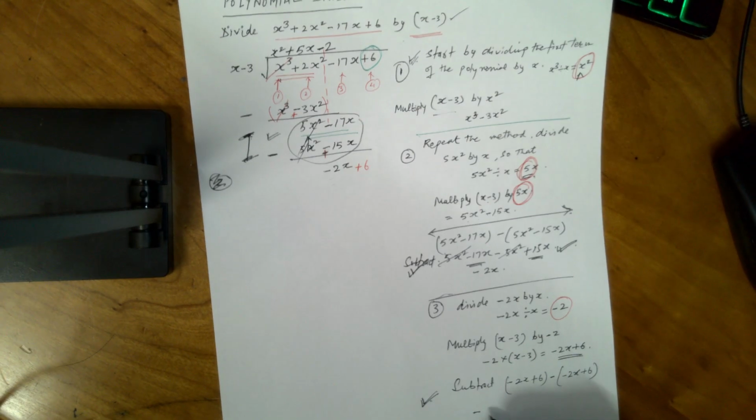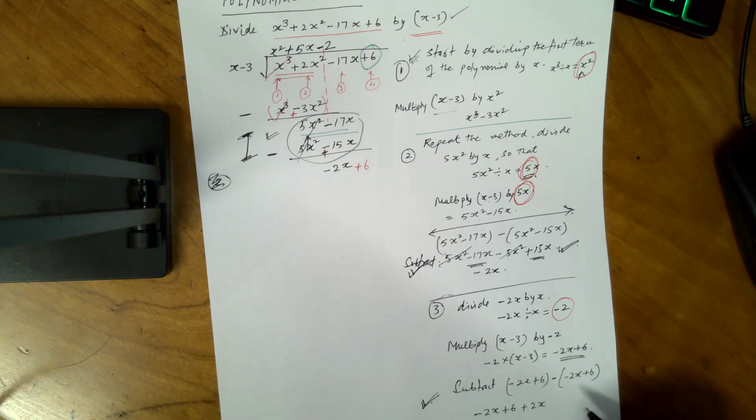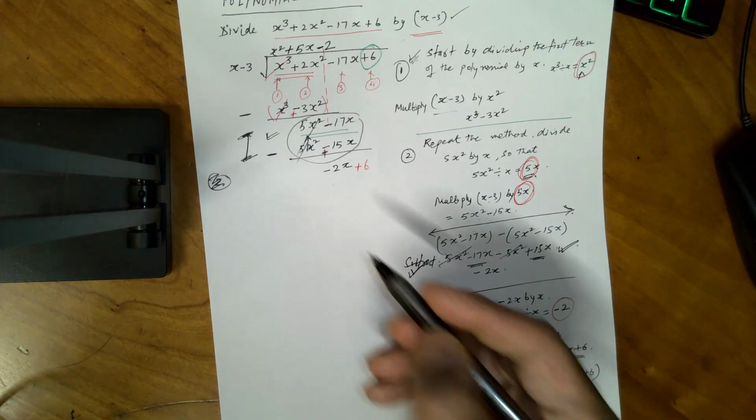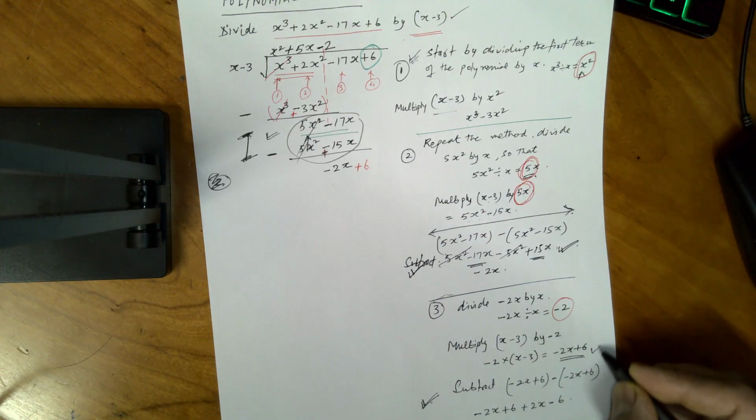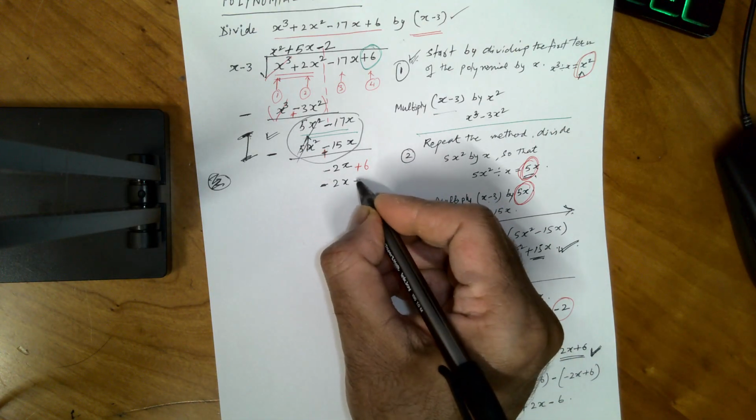So we got here minus 2x plus 6. Then you see your minus here, that will be your plus 2x. Then this minus here, plus here, so minus 6. So you see here, if you take this over here, because this is what you got after multiplication, you write here minus 2x plus 6.